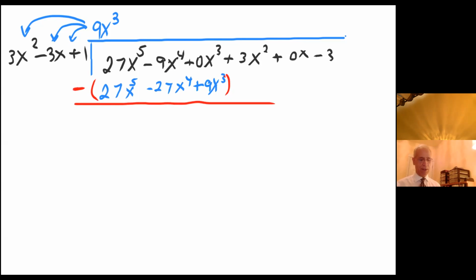minus 27x^5 and 27x^5, combining them together gives me nothing. Negative times negative is positive, so I'm going to have positive 27x^4 combined with 9x^4 gives me 18x^4.